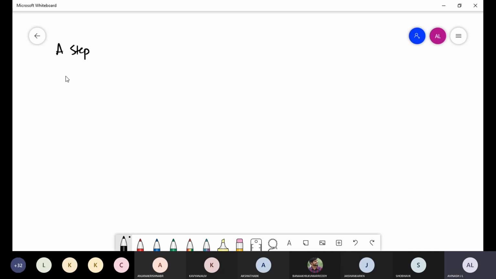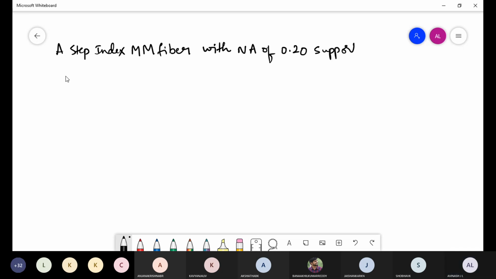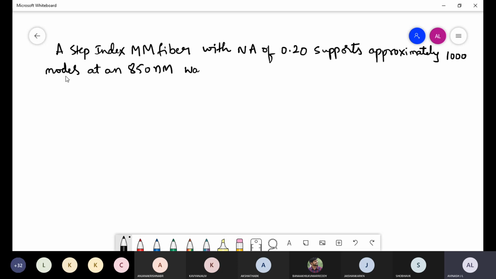A step index multi-mode fiber with numerical aperture of 0.20 supports approximately 1000 modes at an 850 nanometer wavelength.